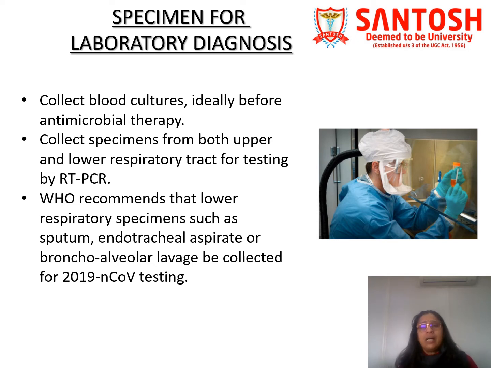For RT-PCR, the ideal specimens are both the upper as well as the lower respiratory tract secretions. WHO recommends that lower respiratory specimens such as sputum, endotracheal aspirate or bronchoalveolar lavage should ideally be collected for making a diagnosis of COVID-19.